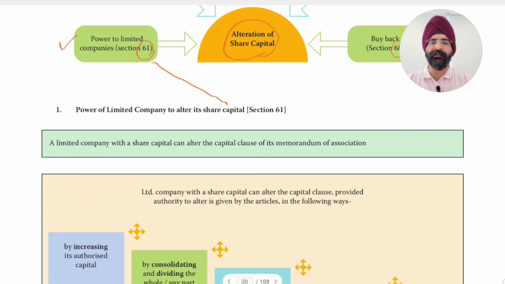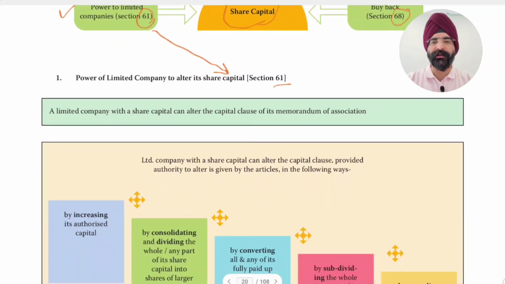Now, section 61 gives power to a limited company to alter its share capital. A limited company with a share capital can alter the capital clause of its memorandum of association. We earlier discussed that the memorandum has 5 clauses, and one of them is the liability clause or capital clause.